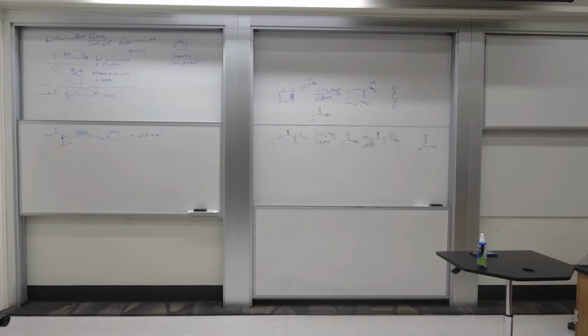A better leaving group reacts faster than a worse leaving group. That's what we're referring to when we say better and worse. That is true for E1, E2, SN1, SN2, any reaction leading to some sort of rearrangement. The better the leaving group is, the faster it leaves. So iodide leaves faster than chloride or bromide.